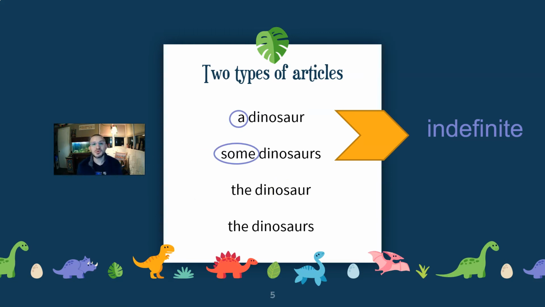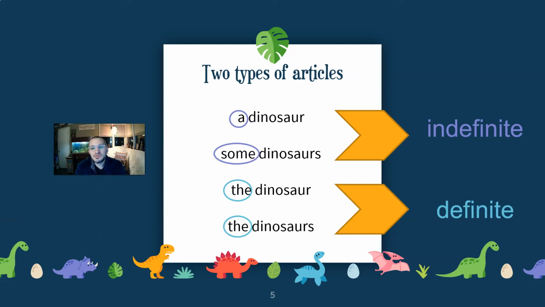They're not referring to a specific dinosaur or group of dinosaurs, but rather just some dinosaur or some group of dinosaurs. Whereas the dinosaur, and here the again for dinosaurs, refer to a specific individual or group of dinosaurs.